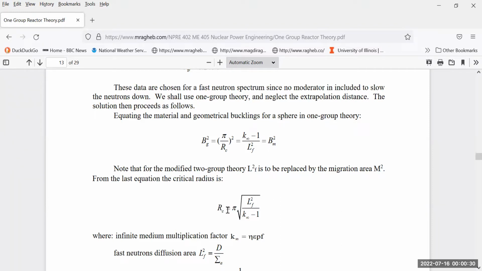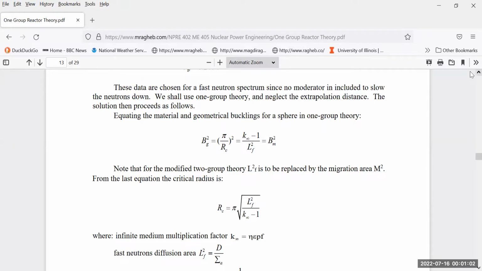So the r sub c here is now equal to pi times the square root of L squared. You can take L sub f outside the equation, no problem, divided by k infinity minus 1. So in that case, k infinity, as we know, is the four-factor formula, eta epsilon p f, and the L squared here is equal to D for fast neutrons divided by sigma sub a.